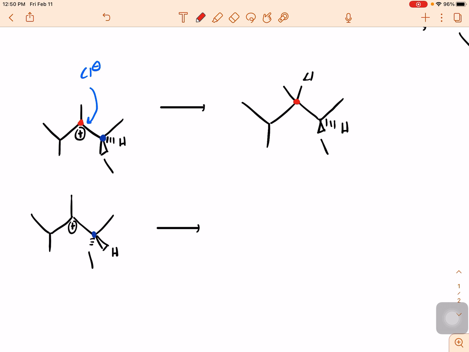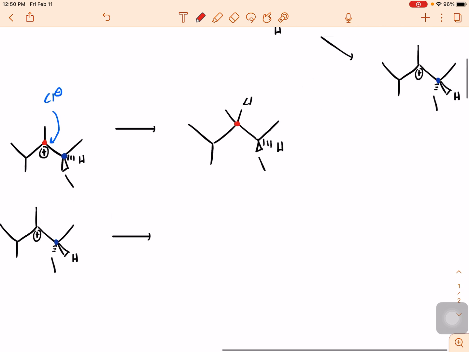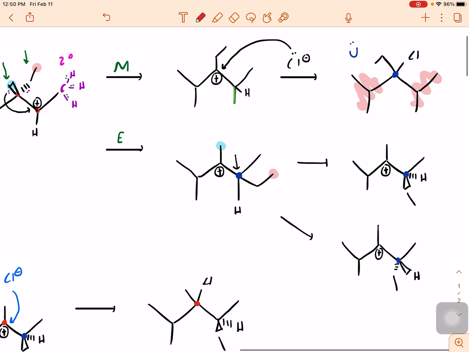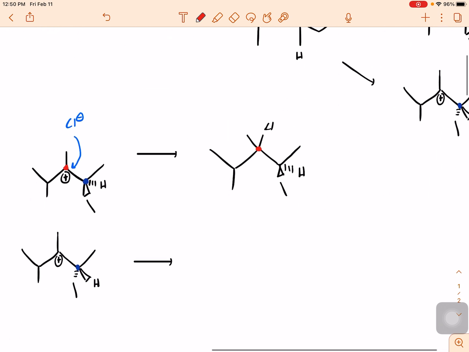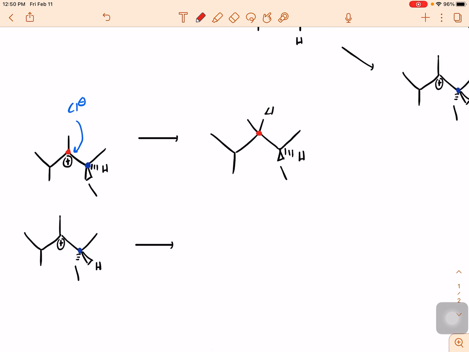So when the chlorine jumps onto the carbocation, it could also form as a wedge or a dash. So as a result, instead of having the product that we already talked about, and then 2 more products, now we're actually going to have 2 more on top of the 3 that we knew that we were going to form, because there's 2 stereocenters in this molecule.